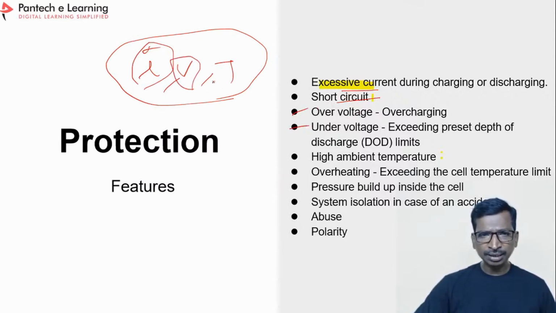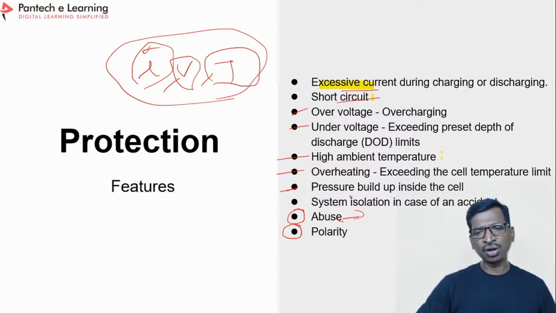And from the temperature parameter, you can identify ambient temperature, overheating, and pressure also with the help of temperature. Other things are external ones, like polarity and abuses. The abuses are generally due to logistics issues. If you know these parameters, almost 90% of problems can be solved.